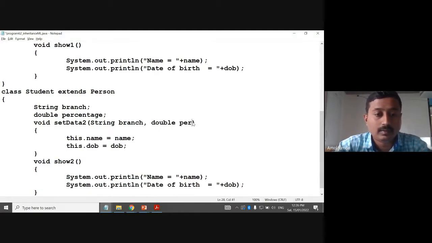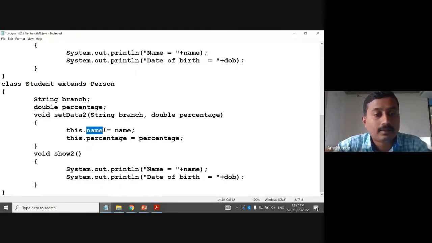Double percentage, this dot branch. Okay, setter is done.